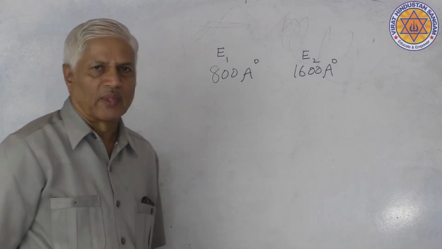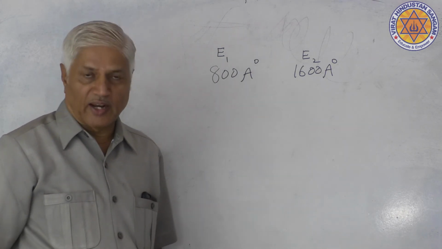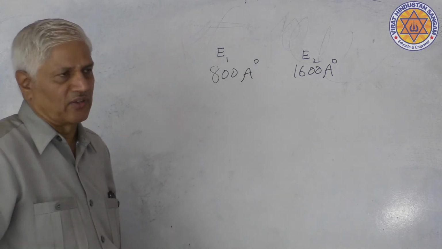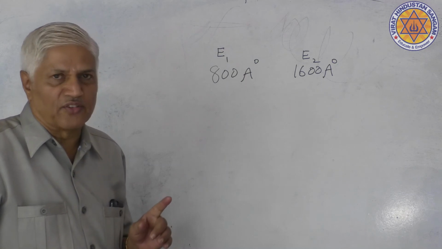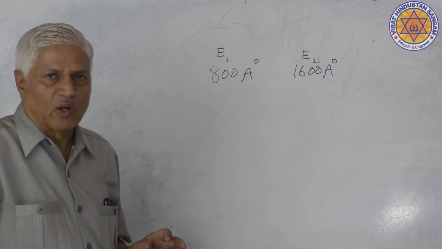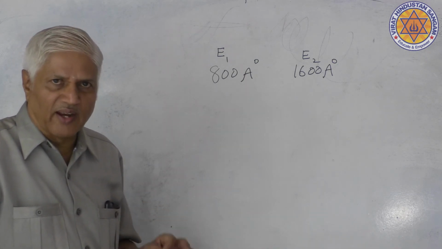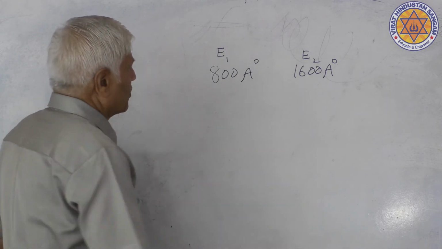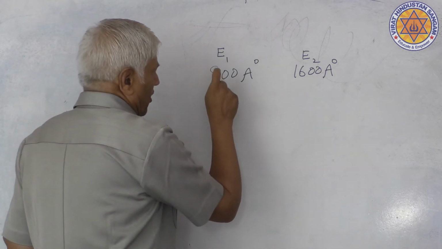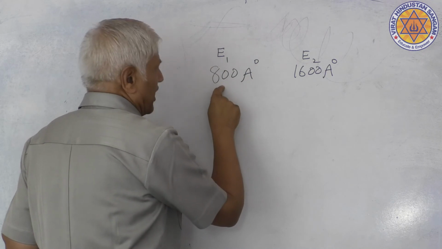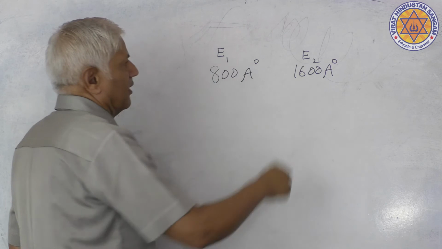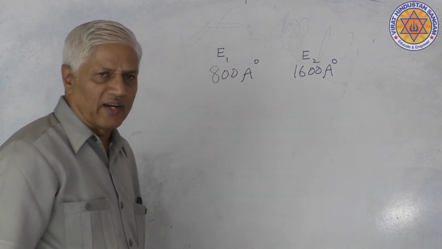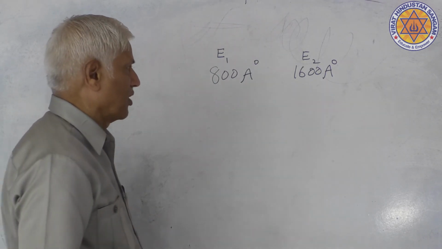Remember, in electromagnetic radiations, more the wavelength, less the energy. So the energy of radiation with 800 angstroms is more than the energy of the radiation with 1600 angstroms.